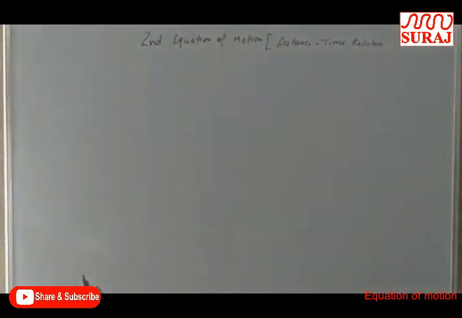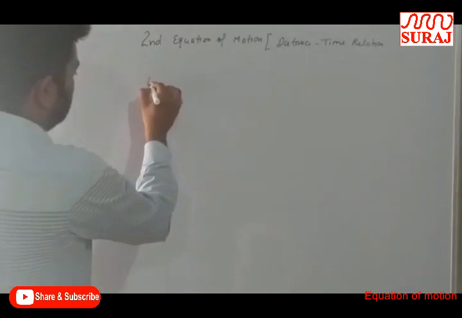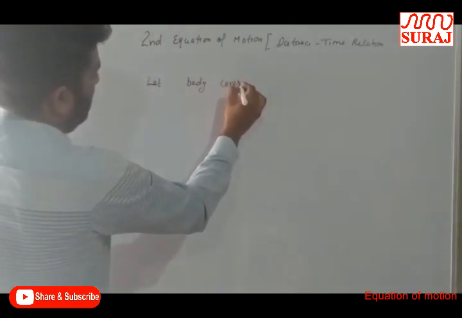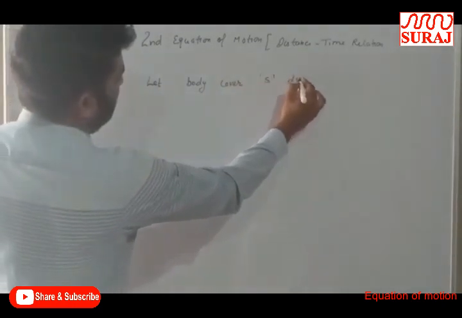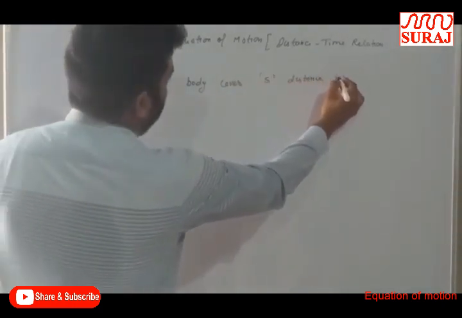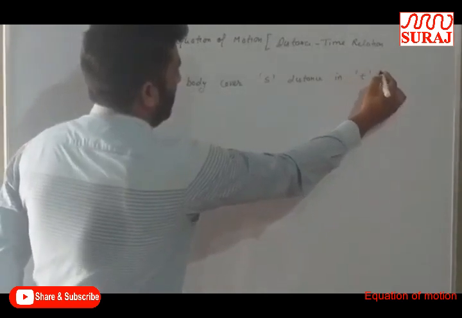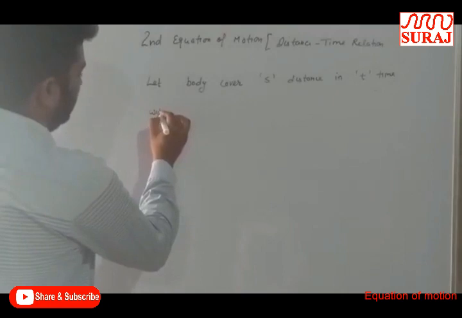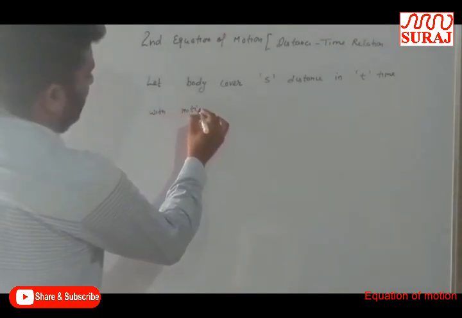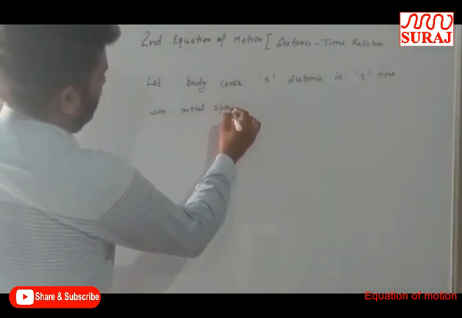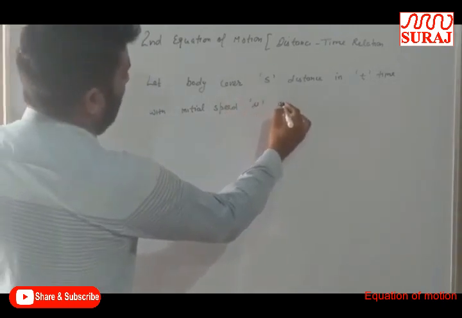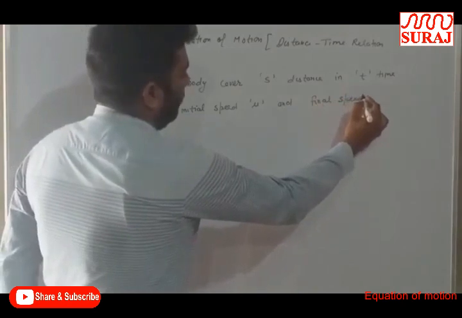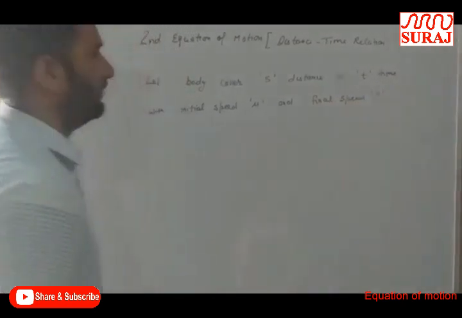From here, let a body cover s distance in t time with initial speed u and final speed v.